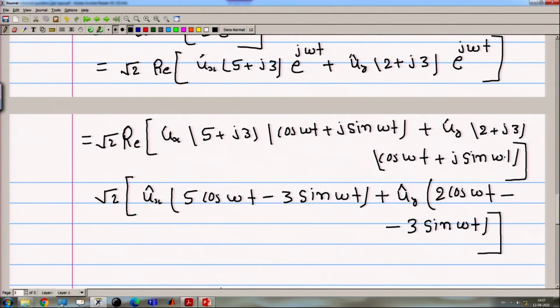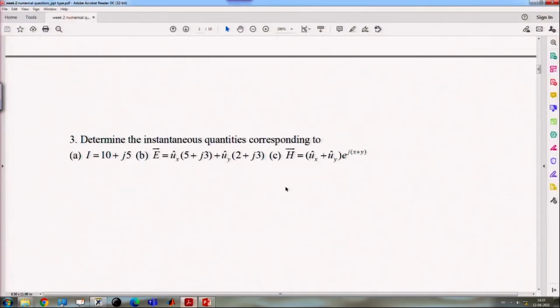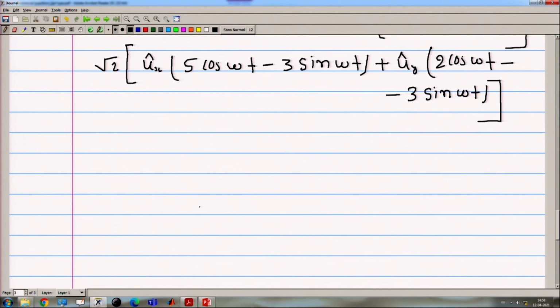For the next part, H is given as (ux plus uy) into e to the power j(x plus y). For this part, we can do the next part.